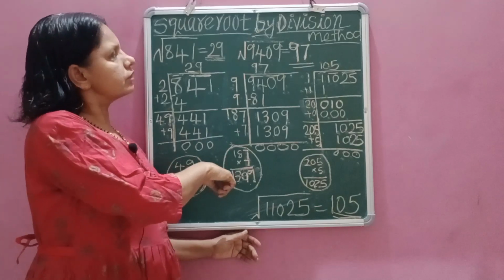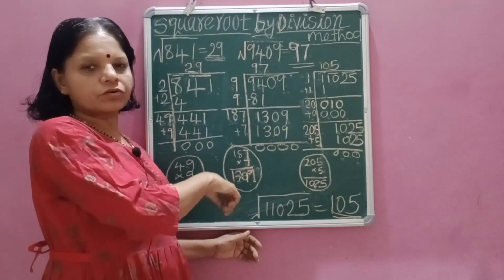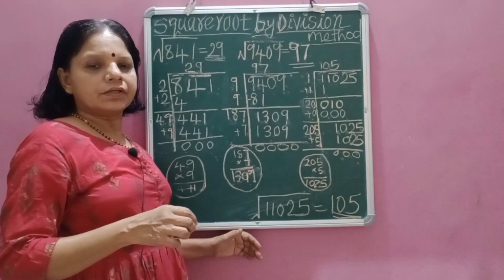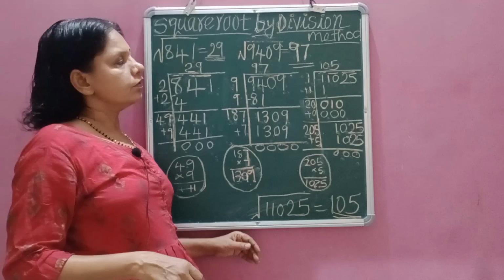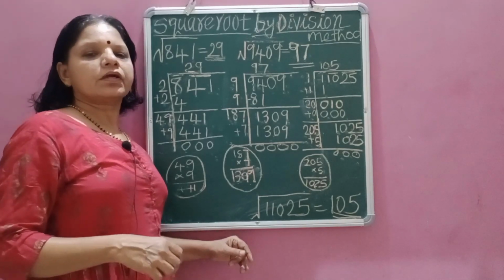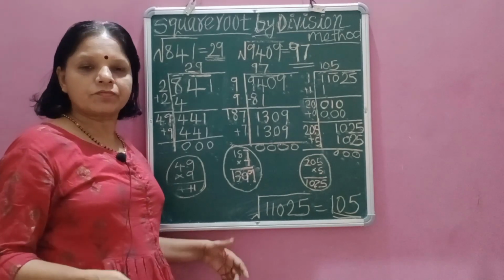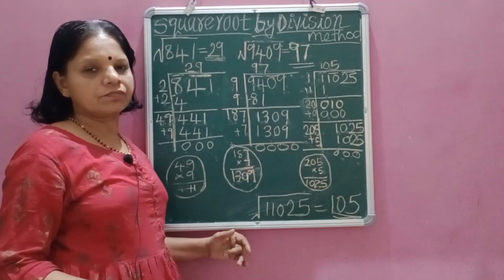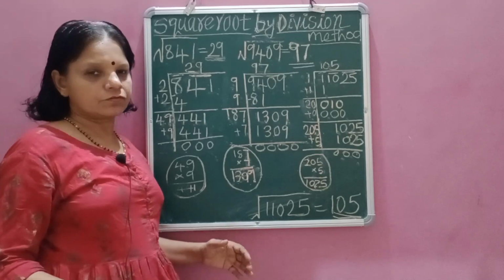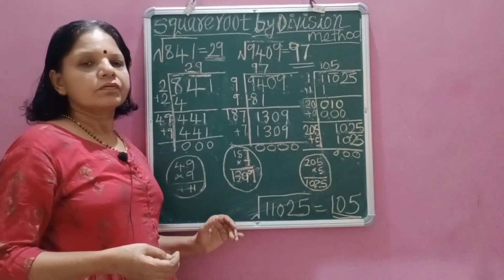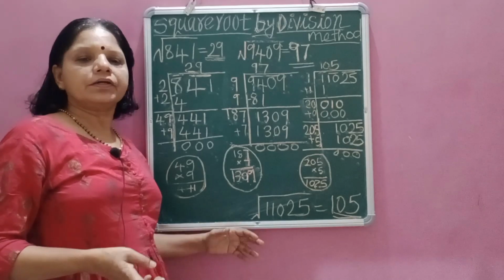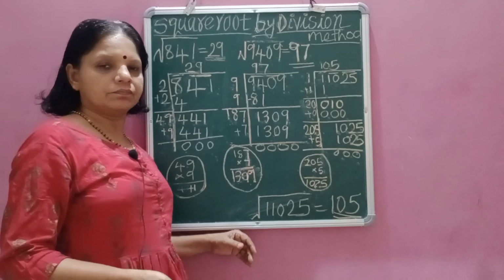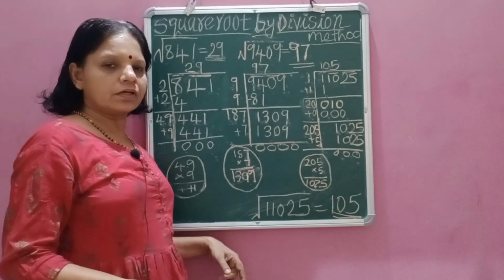So this method is for finding the square root by the division method. And using this method, we can find the square root of non-perfect squares also. But the factorization method can find only that of perfect squares. But here we can find the square root of non-perfect squares, decimals, etc. But that you need not study now, later.